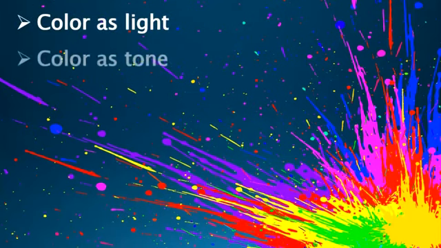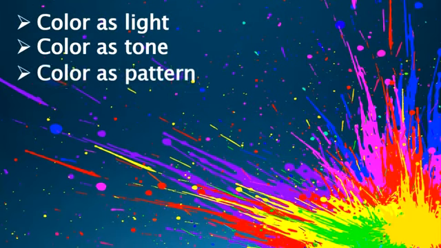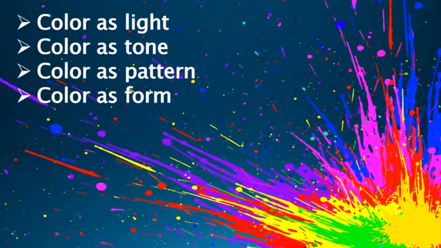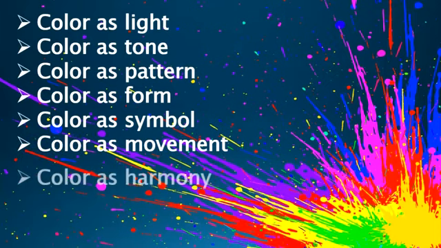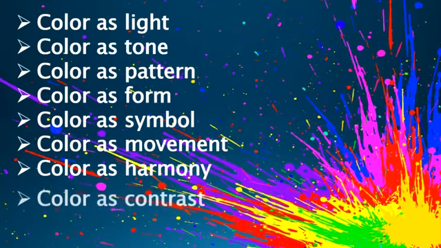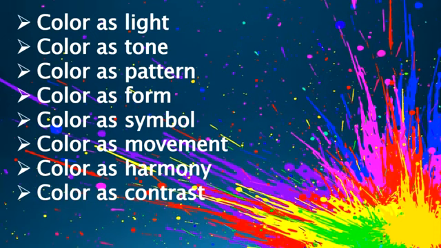There are many different approaches to the use of color in art, like color as light, color as tone, color as pattern, color as form, color as symbol, color as movement, color as harmony, color as contrast, and then lastly, color as mood.